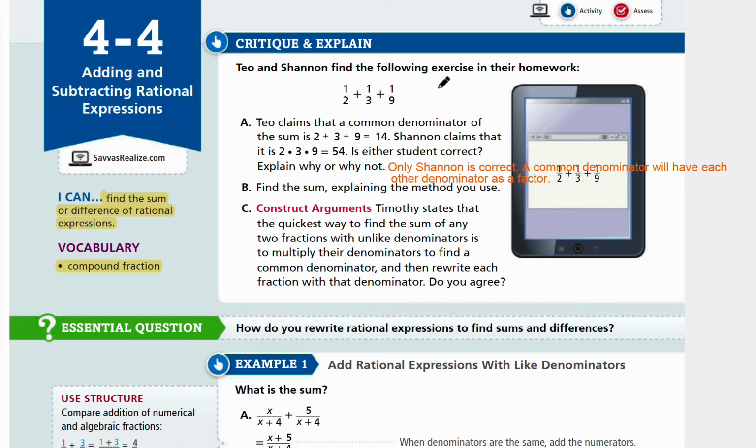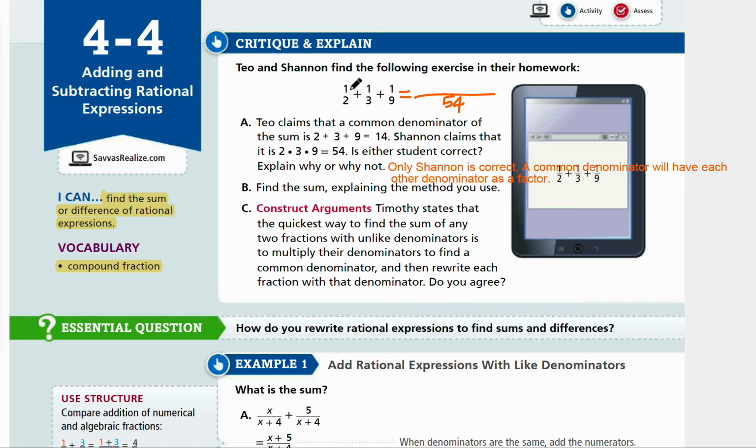And then make it into 54 like Shannon did. In order to become 54, what do you have to multiply 2 by? Or if you divide 54 by 2, what is the other factor? 27. So you multiply 27 to 2 to get to 54.